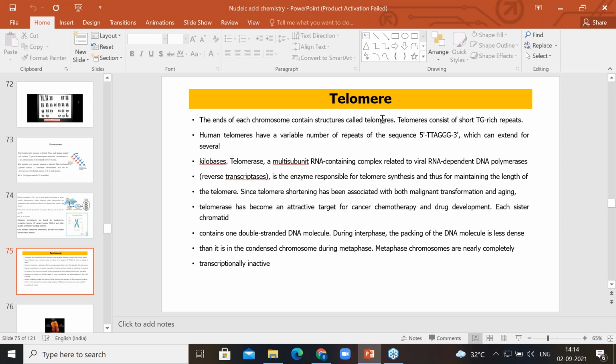Now I will tell you about another part of the chromosome that is present in the ends of the chromosome, that is the telomere. The ends of each chromosome contain structures called telomeres.